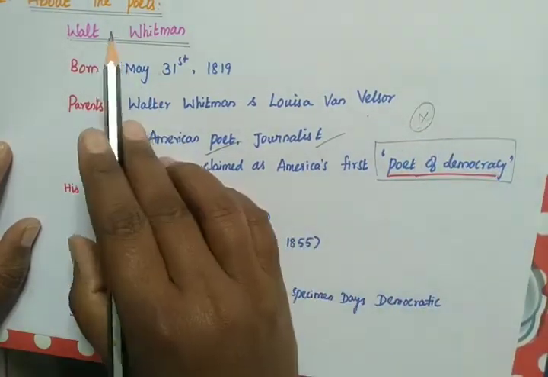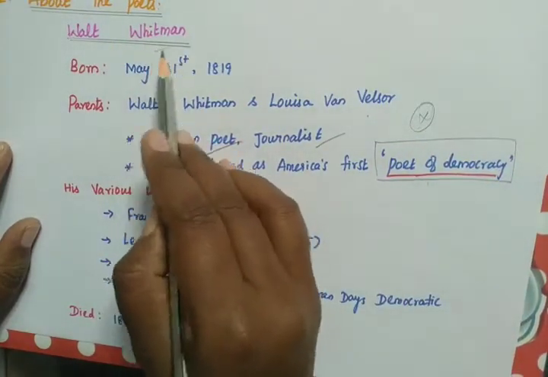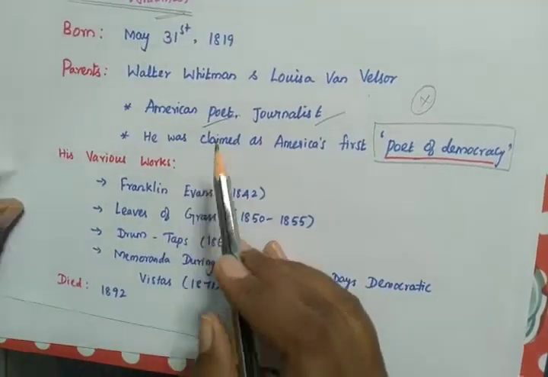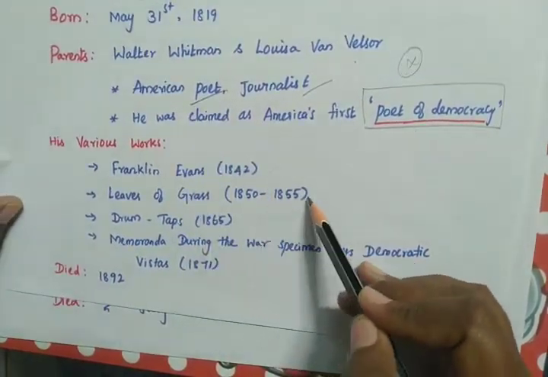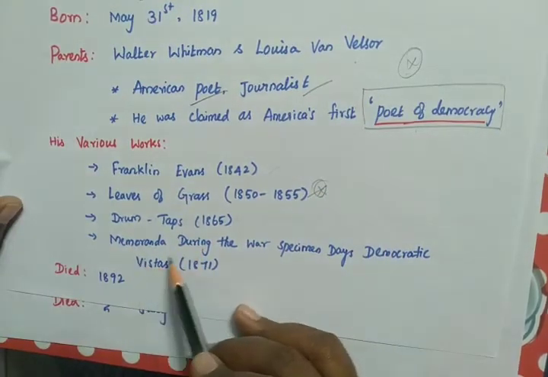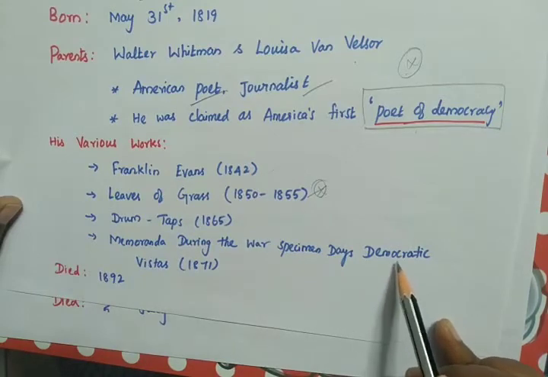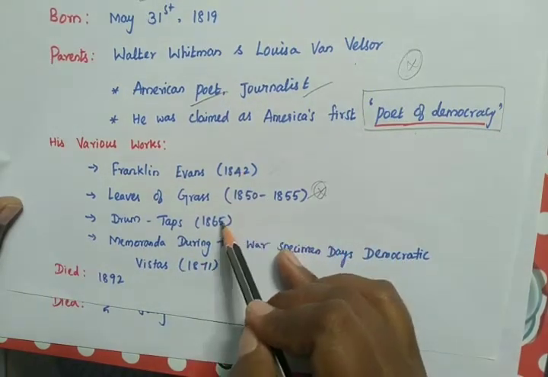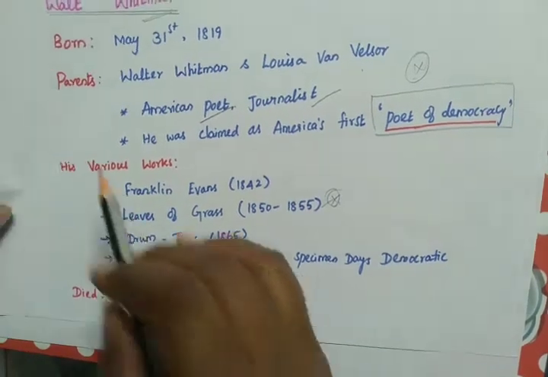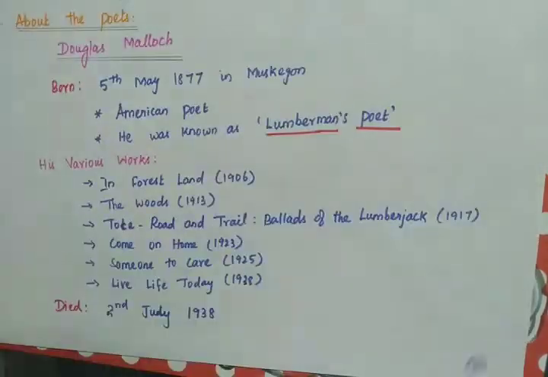Who is called the first poet of democracy? That is Walt Whitman. His various works: Franklin Evans, Leaves of Grass. So remember this Leaves of Grass. Then Drum-Taps, Memoranda during the War, Specimen Days, Democratic Vistas. These are the years in which he published these works. And he died in 1892. This is all about Walt Whitman.